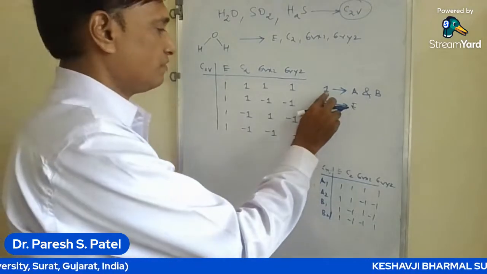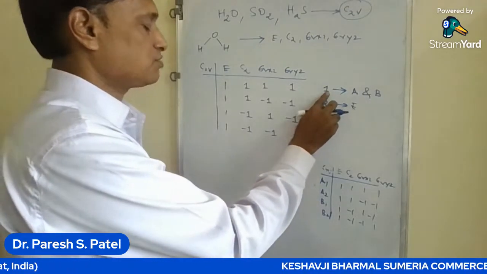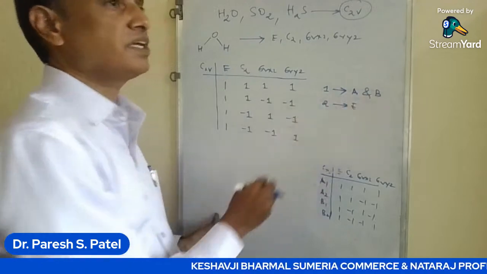When our representation is one-dimensional, capital letters A and B can be used.